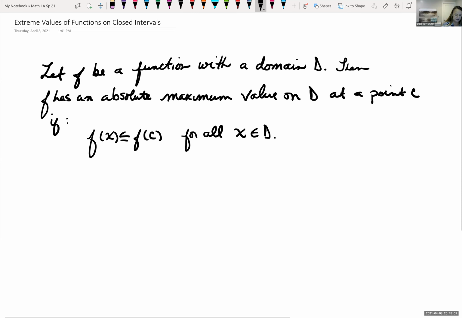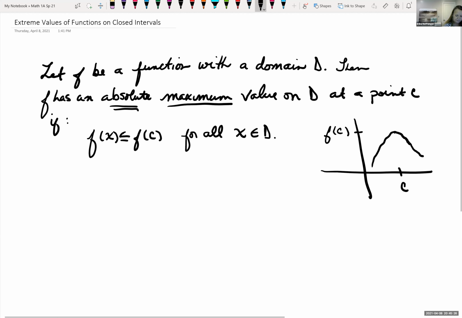Okay, that makes sense. Let's say you're looking at a graph. Basically, there's some value C here, some value up here. So that point, this is f of C. And if that's the highest value anywhere on that graph, that would be an absolute maximum value.